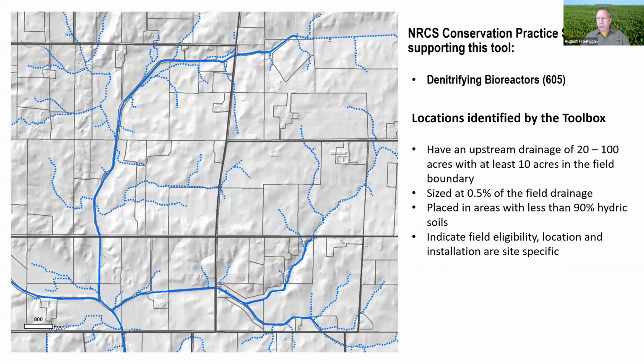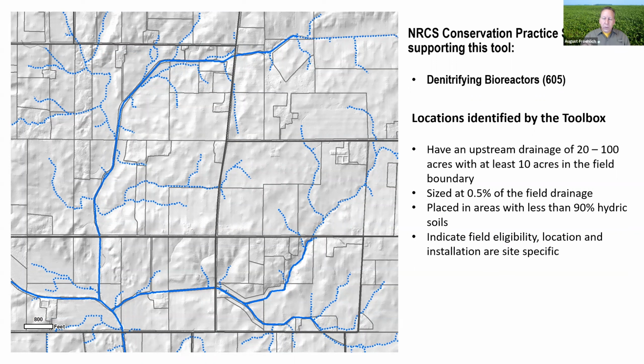Now, for this specific practice here, the toolbox identifies locations in a field that have at least 20 acres up to 100 acres of contributing drainage, 10 of which have to be in the specific field that's being considered.